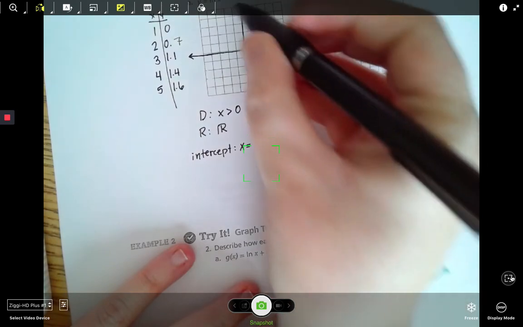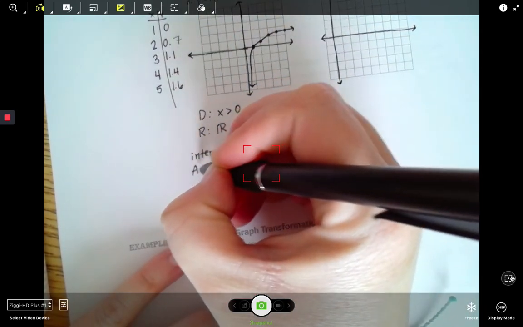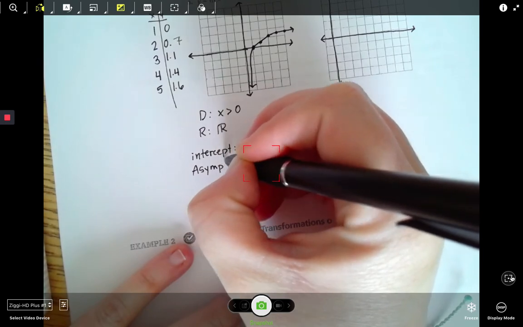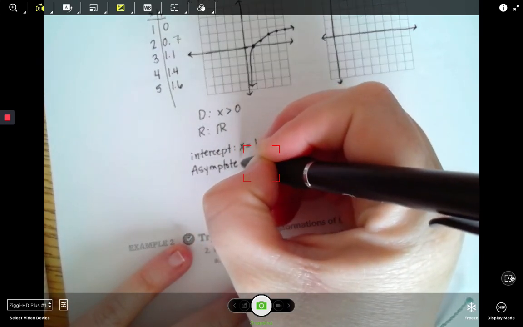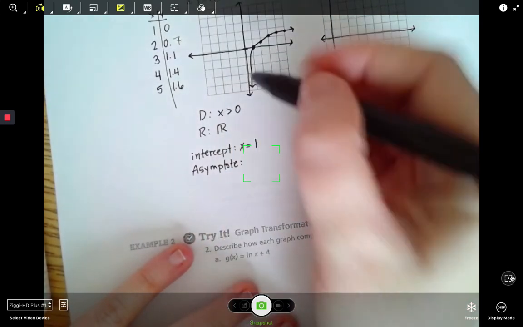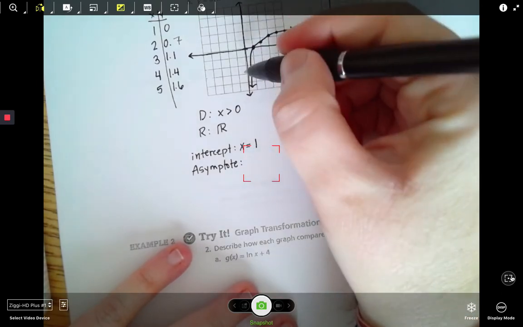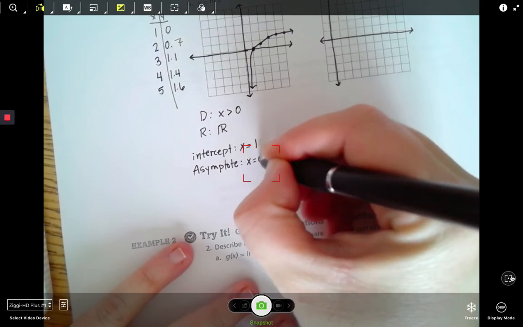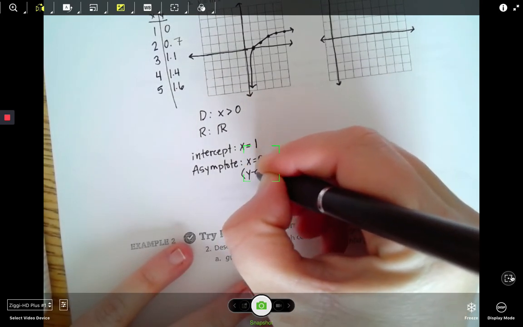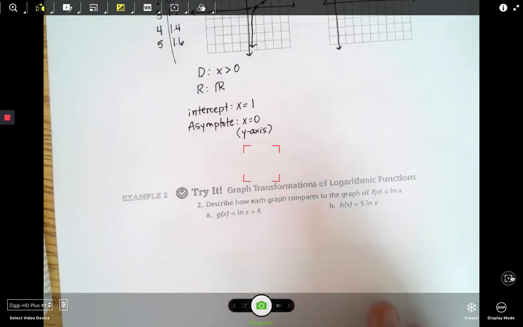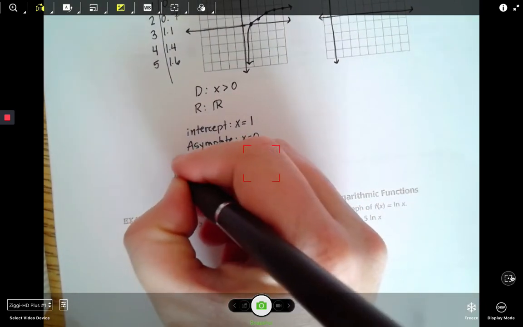It asks us for our asymptote, so that's the line that it gets super close to but never touches. And there is only one of this, and that's right here on the y-axis, where x equals 0. And then it talks about your end behavior.